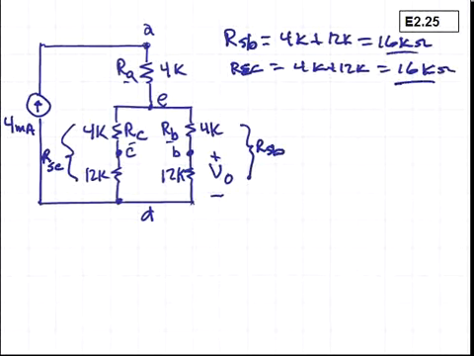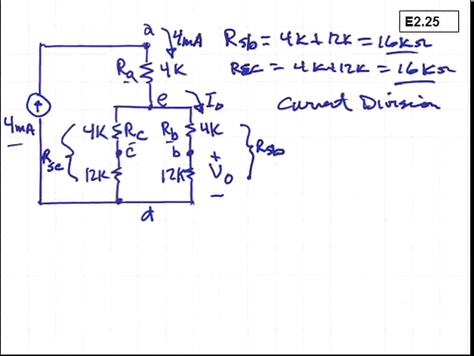Now we'll consider the process of current division. Recall that we're trying to determine the voltage V sub O or VBD in this circuit. And if we could determine the current flowing down through there, we'll name it I sub O, we could use Ohm's law to predict the voltage V sub O. We have a current source of 4 milliamps, so we have 4 milliamps flowing down node A to node E, and then that current will divide in these two parallel branches.